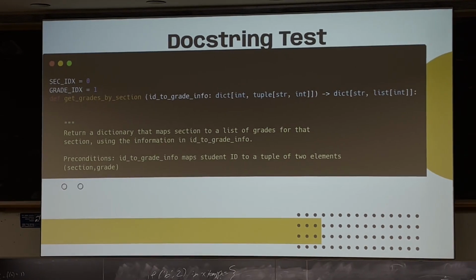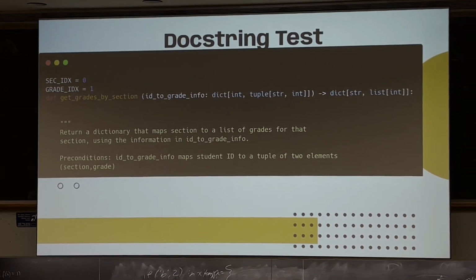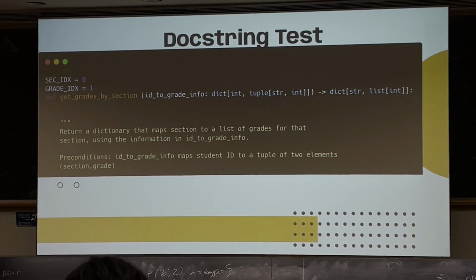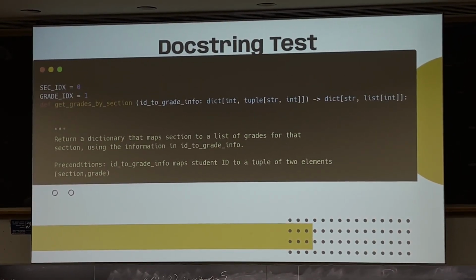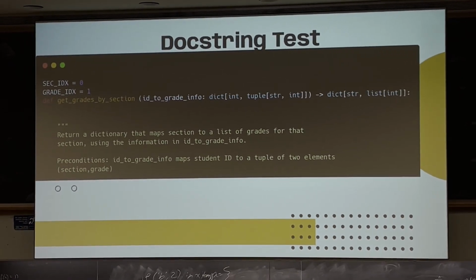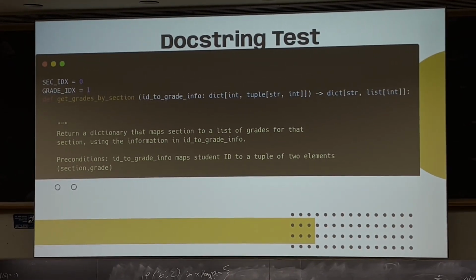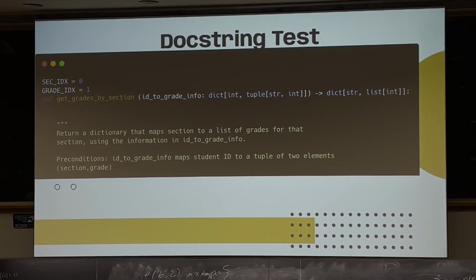And this time, what it's going to be is section 1 as your key, and then you're going to have a list with 98 and 58. And then your second key would be section 2, and your value would be just a list with 48. Yeah, so that'd be a good case of having actual dictionary inputs of keys and values. And that's a good case where it would print out exactly what you want.